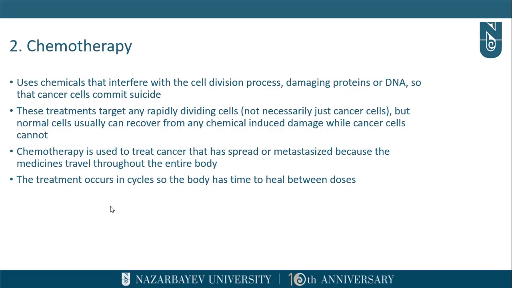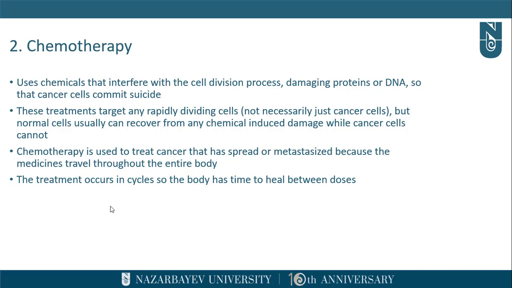Chemotherapy is a systemic type of treatment to treat cancer that employs the use of drugs that act to block the cell division, to interfere with the cell division process, and this way it will damage the proteins and DNA so that the cancer cells can no longer divide and grow abnormally.